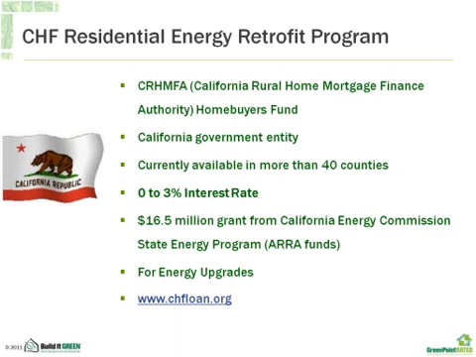A lot of middle income people could qualify for this loan, and the really lovely thing about it is the interest rate. So look into this one as well. It does not have the same structure as the energy efficient mortgage, so you might want to have your HERS rater or your contractor do an evaluation of that cost effectiveness we talked about, because it's not part of the structure of the loan.